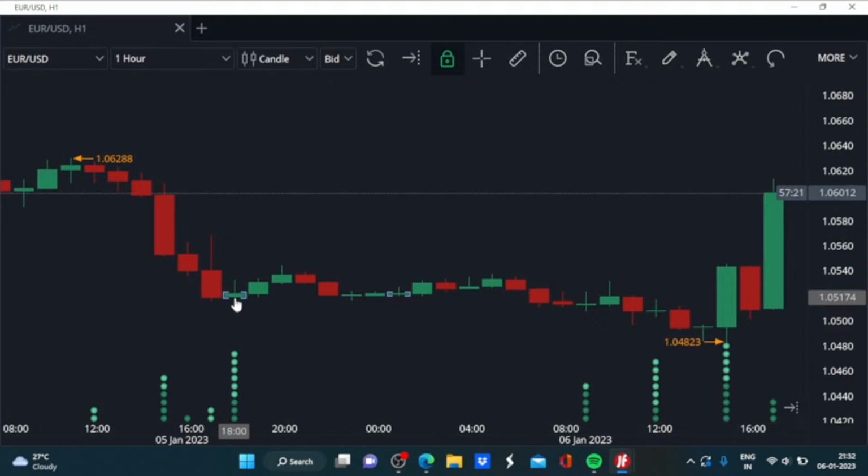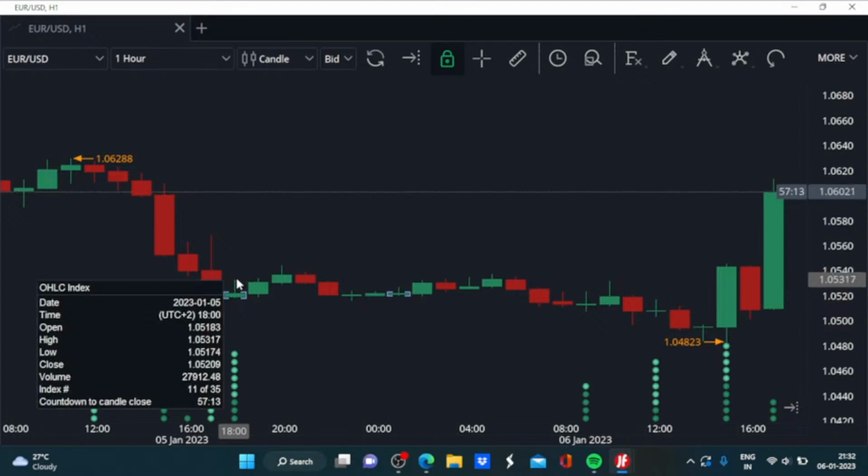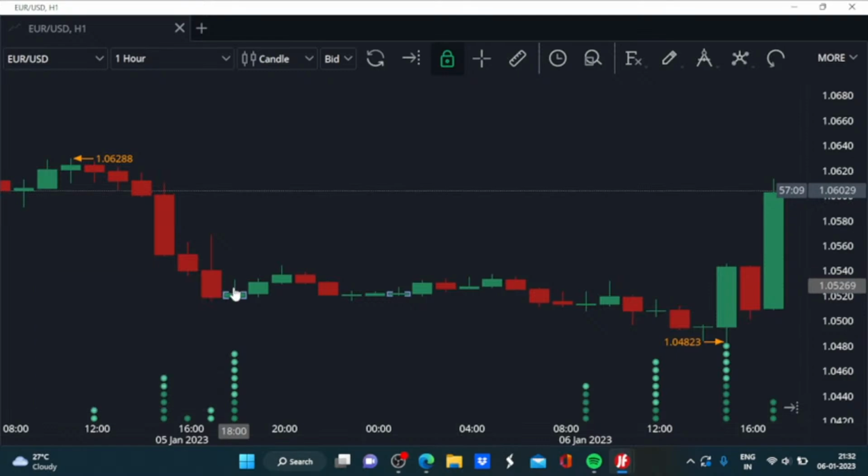So that indicates the price momentum which was there at the start of the session, which pushed the price higher, eventually couldn't sustain itself, and in the same candle period the sellers came back in and pushed the prices lower, resulting in this closing price which is almost at the same level as the opening price and also closer to the low price.